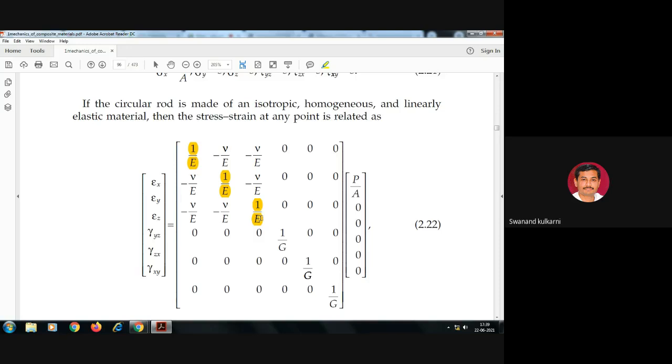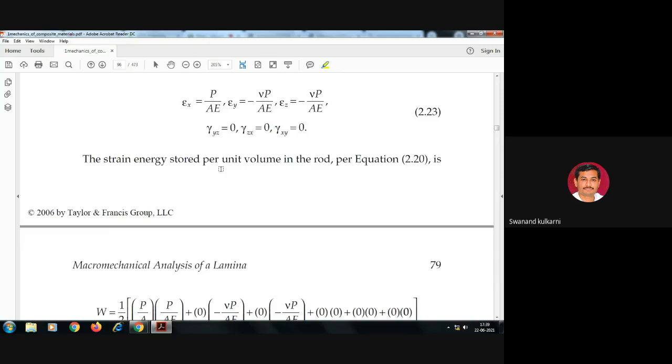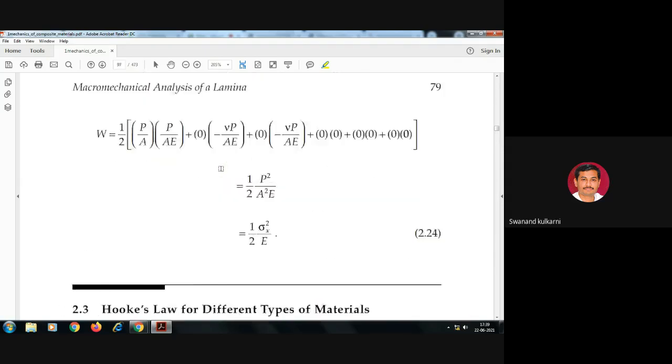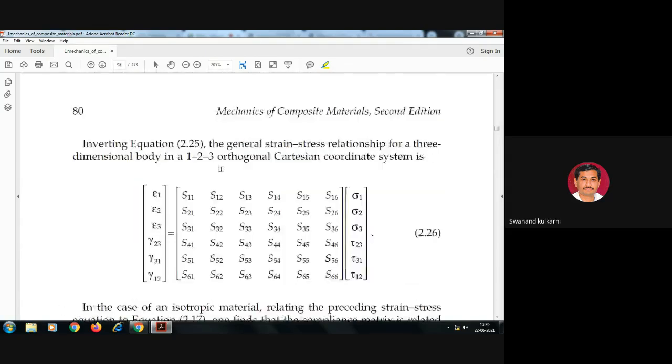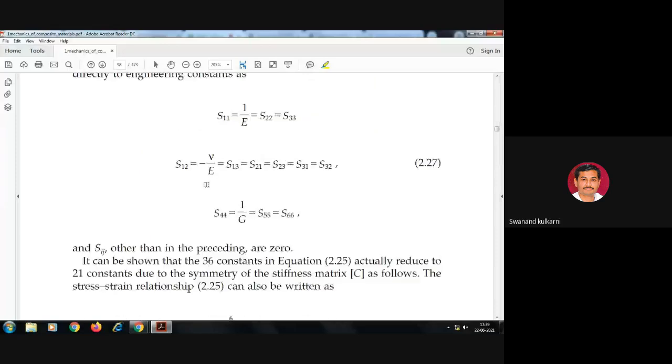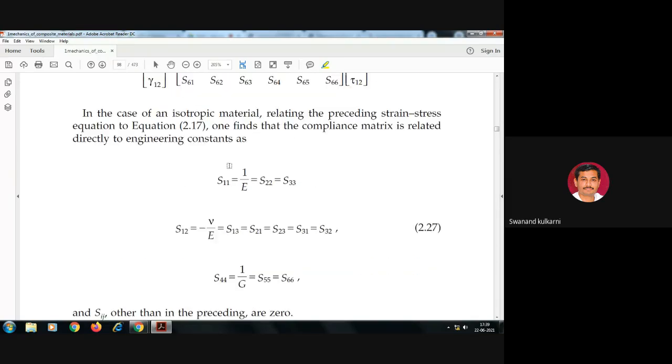However, as far as S12 is concerned, what is going to happen, we will study later on. But if S11, S12 and S13 are the same, then these are 1 upon E. So we try to understand why S11, S22, S33 is equal to 1 upon E in the case of isotropic material.